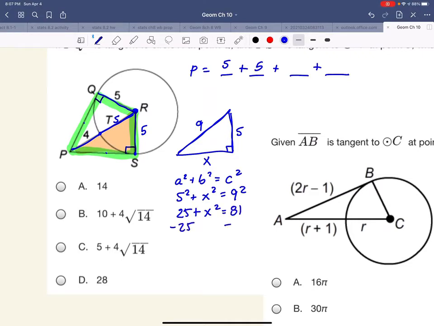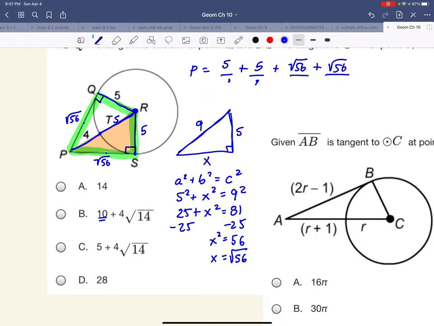Doing a little algebra here. What do we get? Taking the square root of both sides, we get the square root of 56. So this is the square root of 56, and this is the square root of 56. I like this 10, because 5 plus 5 is 10. That's looking good. So we get 5 plus 5 plus the square root of 56 plus the square root of 56.